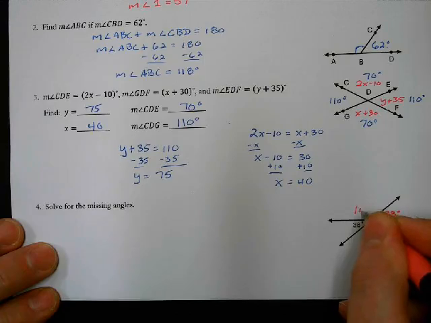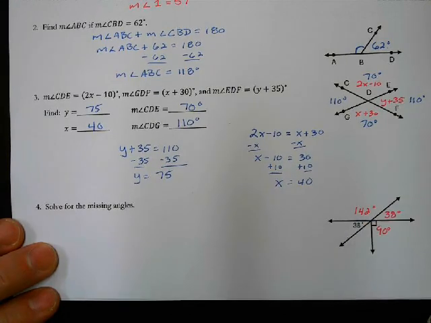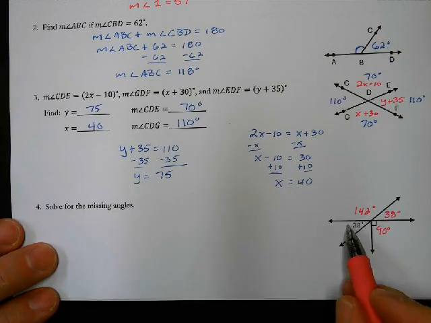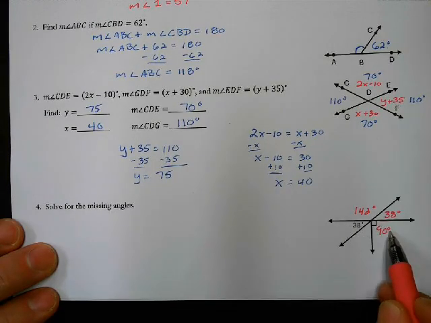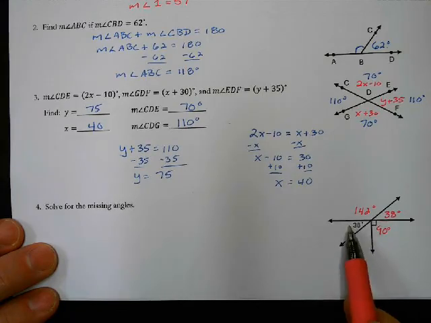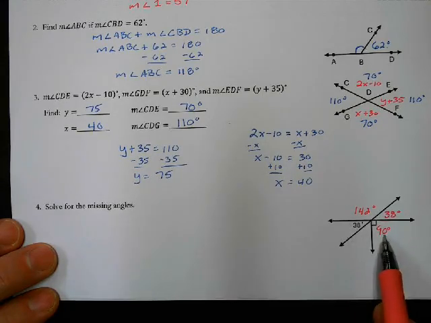So this is 142. Almost there. Now I know that this angle and this angle together, those three angles, make a straight line. So I could do 38 plus this angle plus 90 equals 180.